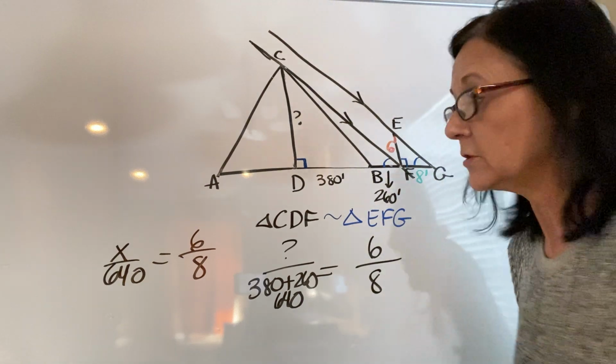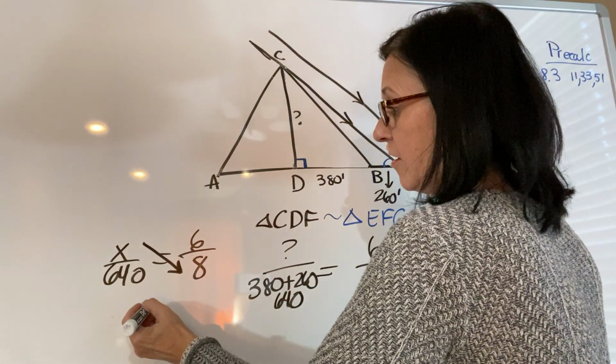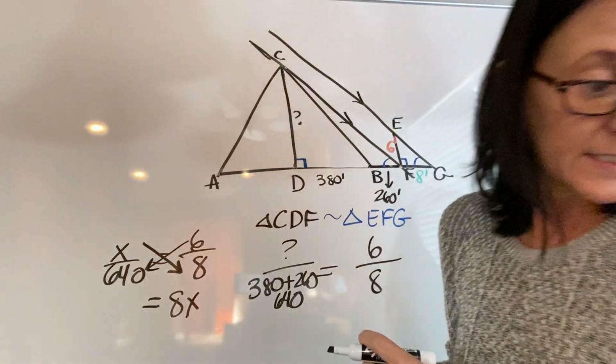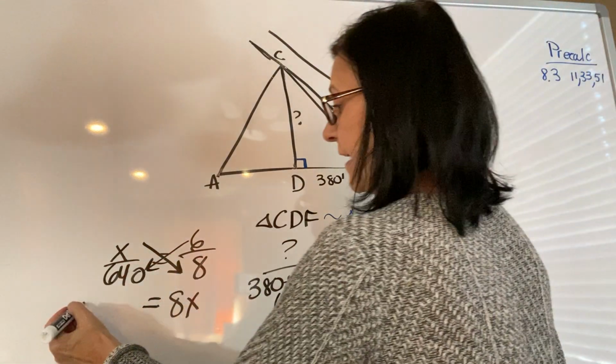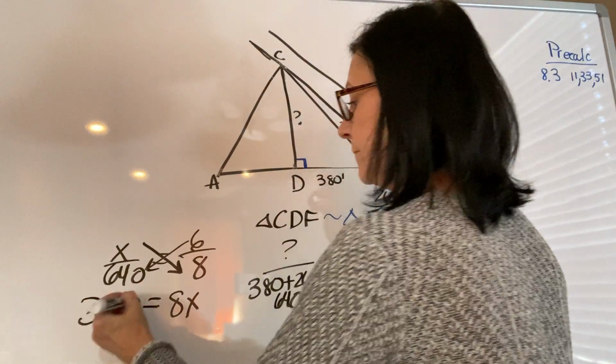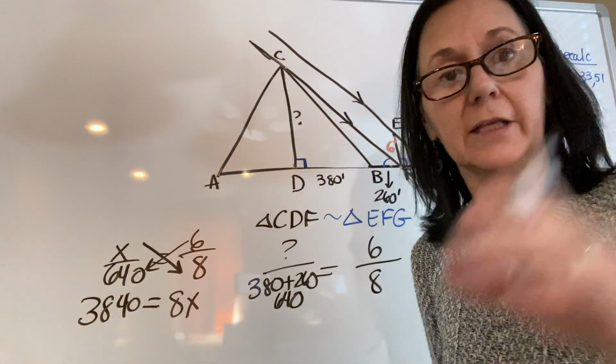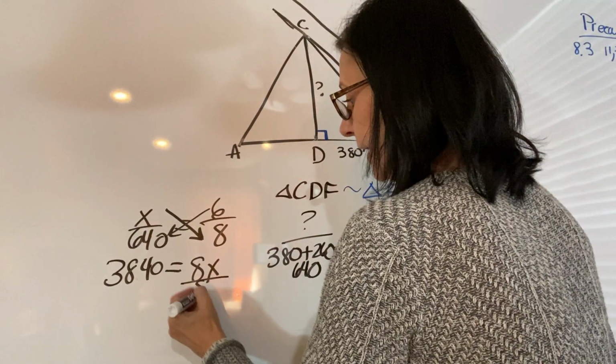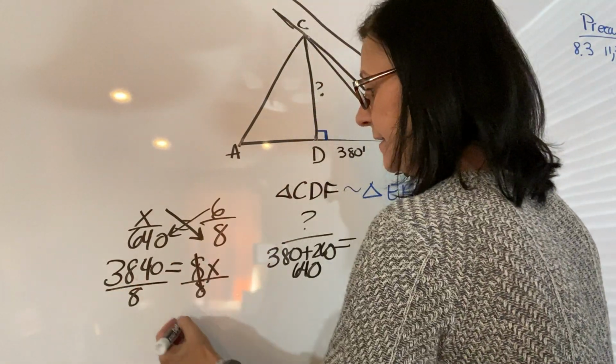I can cross multiply to solve for that. 8x equals 6 times 640, which is 3,840. Obviously, it's okay for you to use your calculator. Then I could divide both sides by 8.